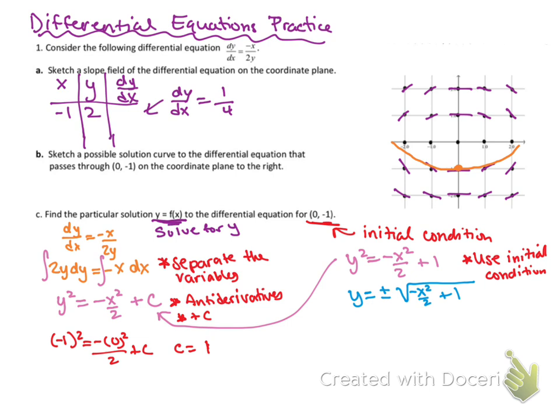Here's the part that is really confusing for a lot of people. The plus or minus in this case, we actually are not going to put in both. We put the plus or minus in, but we are actually going to choose the negative answer.